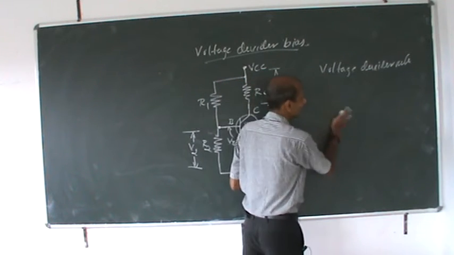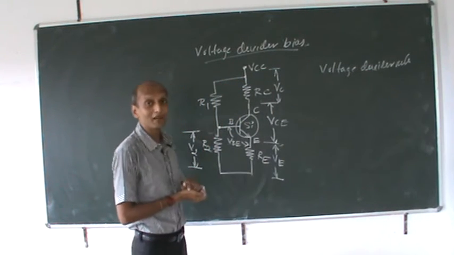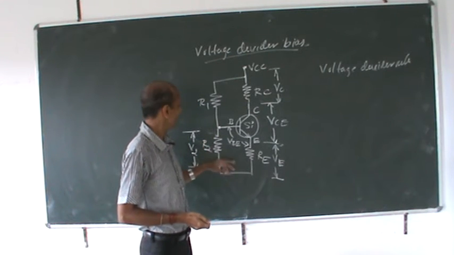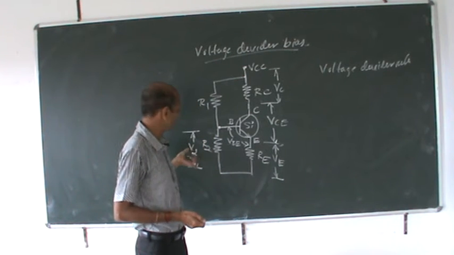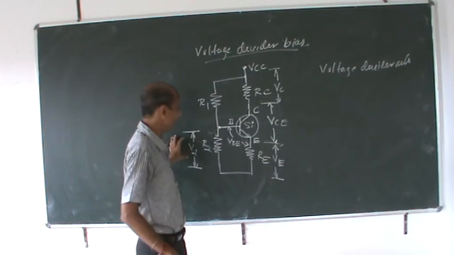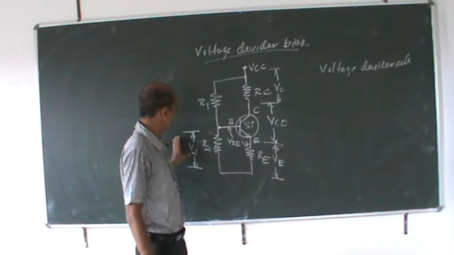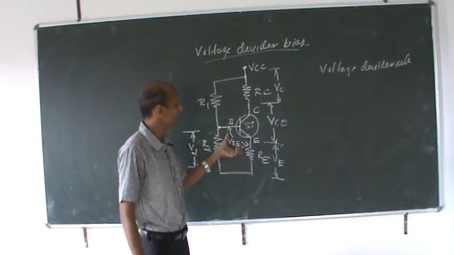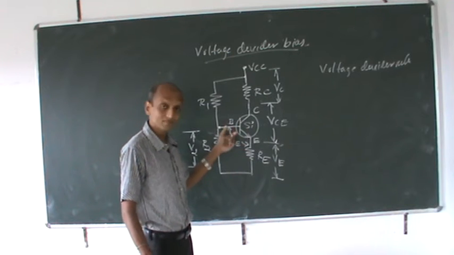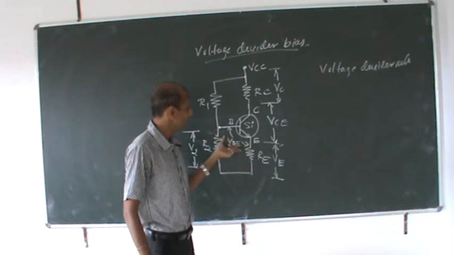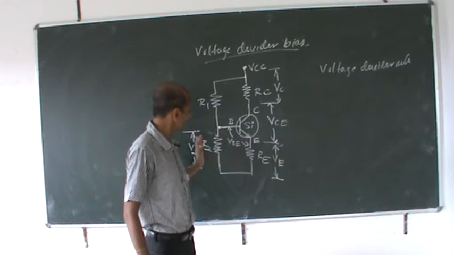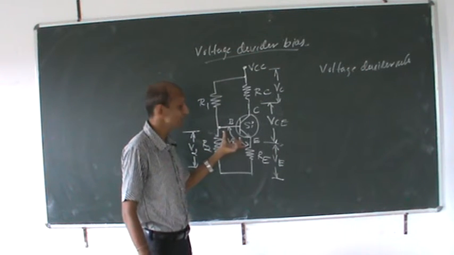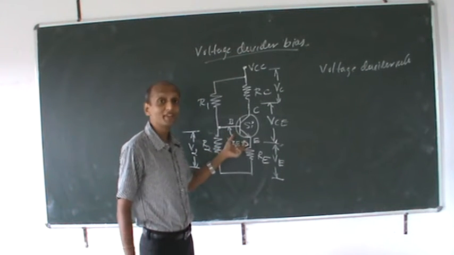So if we apply the voltage divider rule to your input terminal, what will be the voltage drop across your V2? Because this is of very much interest for us. V2 is the important voltage which will bias your base to emitter terminal.